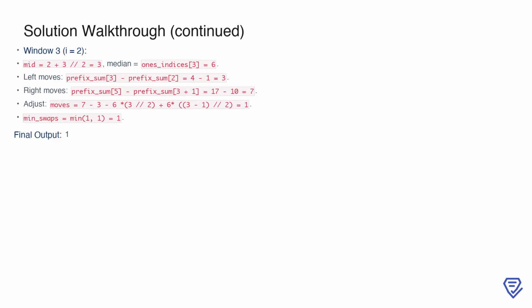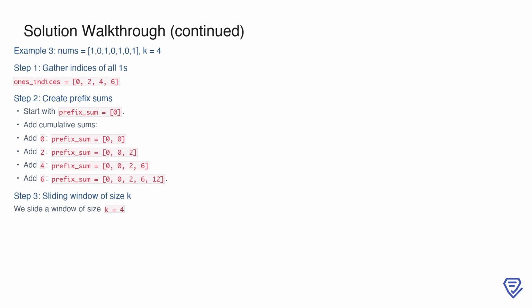Adjusting for median alignment, we get moves equals 7 - 3 - (6 * 3 / 2) + (6 * (3 - 1) / 2) equals 1. The minimum swaps remain at 1. Thus, the output for this example is 1.